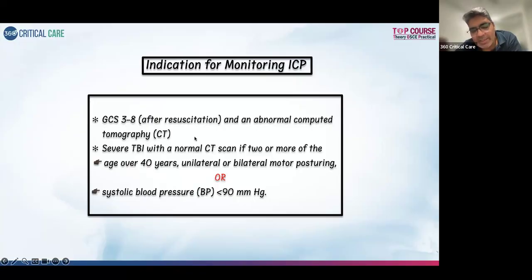So anyone coming to you with a low GCS less than 8 and a bad CT scan, straight away ICP monitor. If anyone comes to you with a low GCS but a normal CT scan, then you have to look for two out of these three: age more than 40, bilateral or unilateral motor posturing, and blood pressure less than 90. Clear?